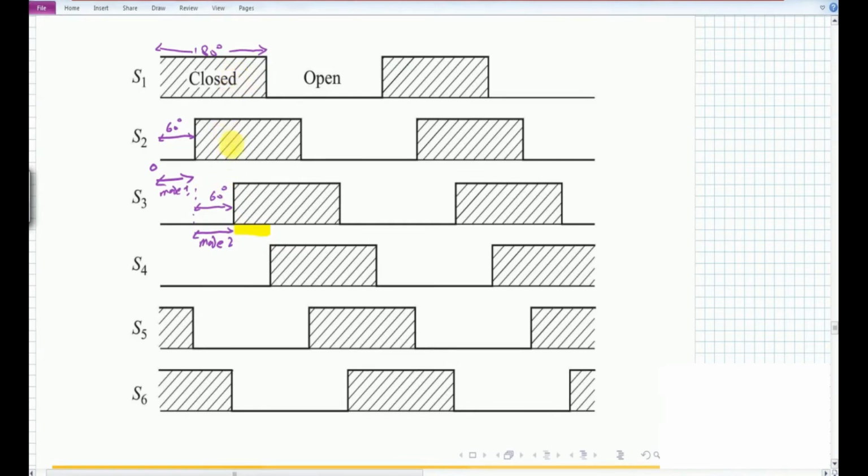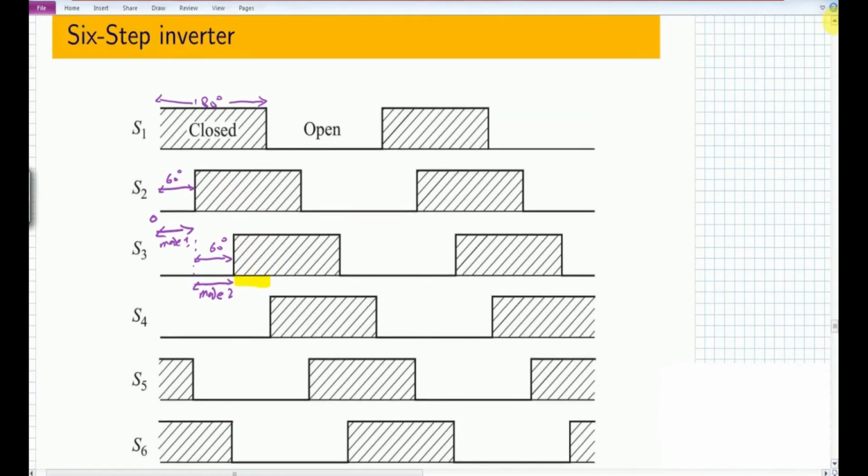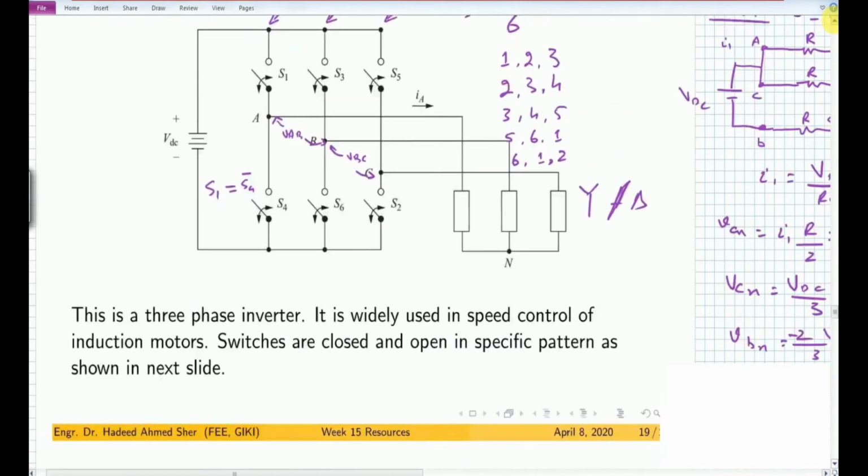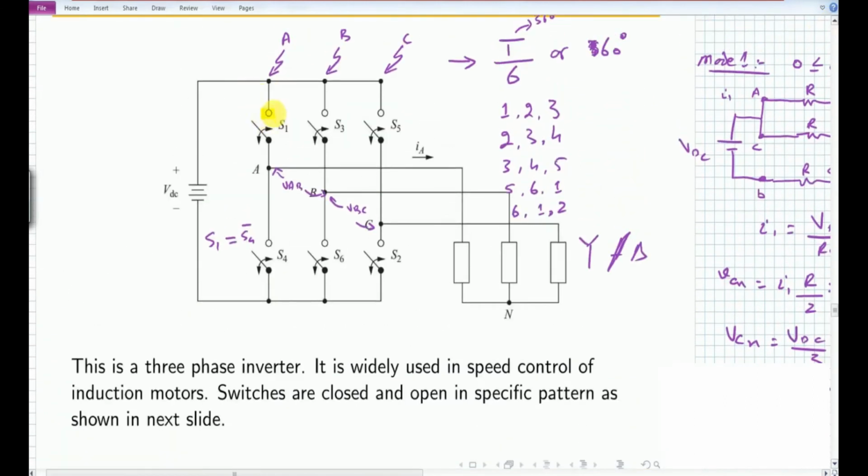Also S2 is conducting, but at the same time S3 comes into place. S4, S5 and S6 are not contributing for this mod number 3. So we have 1, 2 and 3, that is, we now have two high side switches and one low side switch conducting. So this switch is conducting, this switch is conducting, and this switch S3 is conducting.